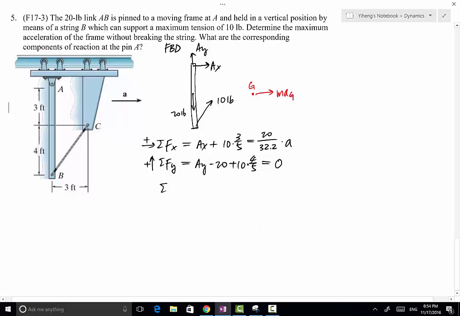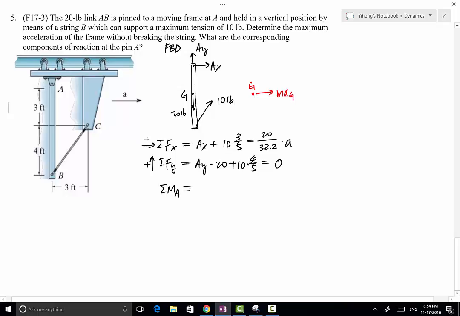If we write resultant moment about point G, because this is a translation and G is the gravitational center, that will equal 0. But if we want to get rid of unknowns, we do not want to have so many unknowns in the same equation, we can also summarize the moment about point A.